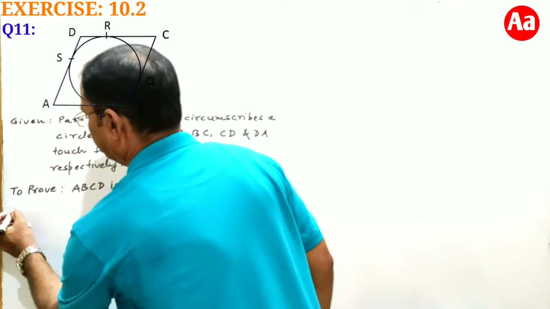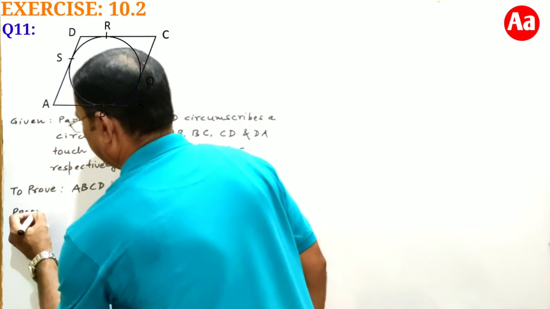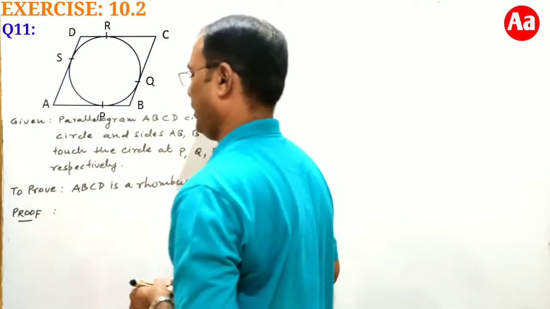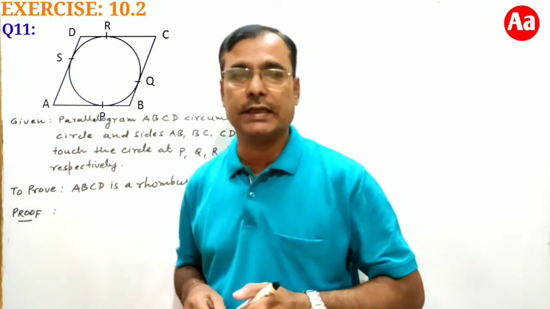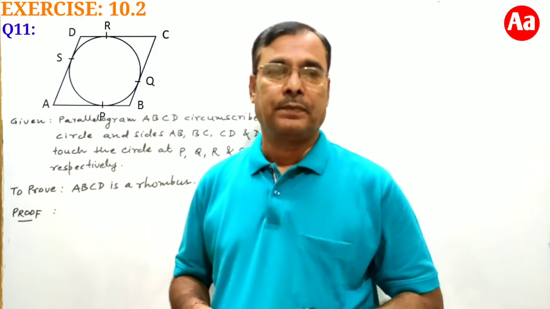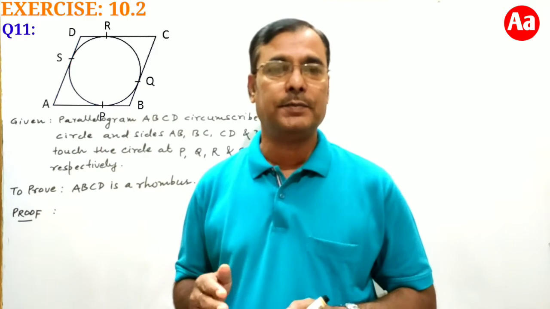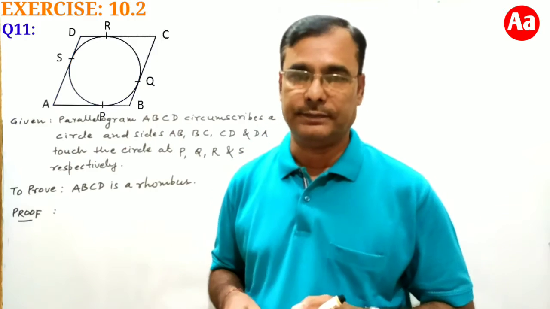Proof. We are going to prove that this quadrilateral ABCD, which circumscribes a circle touching the four sides of the parallelogram at points P, Q, R and S, is a rhombus.